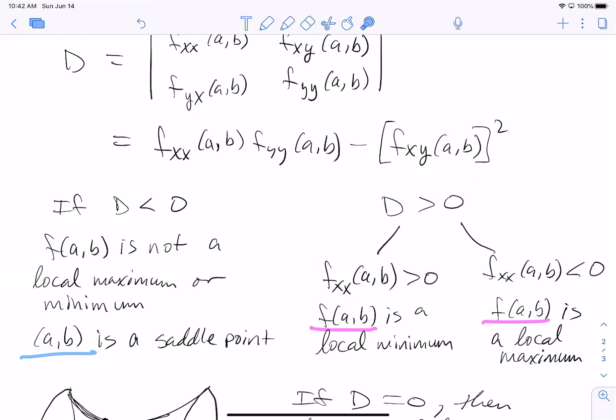So if D is going to be positive, then fxx times fyy has to be bigger than fxy squared because there's a subtraction there, which means that fxx and fyy have to have the same sign. And so you can check fxx or fyy, actually. We just tend to check fxx because you get the same information from fyy.